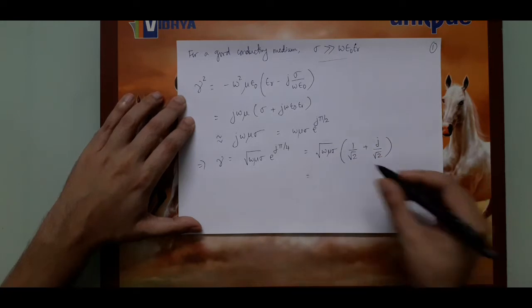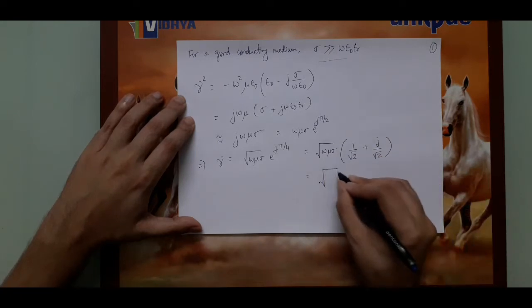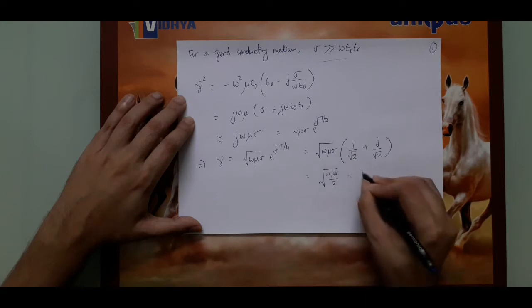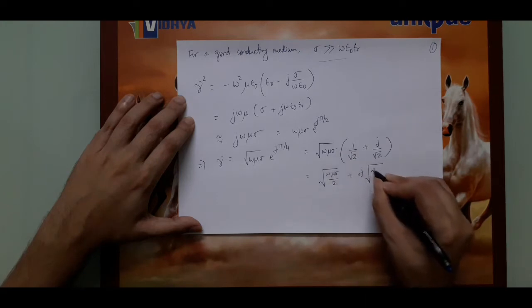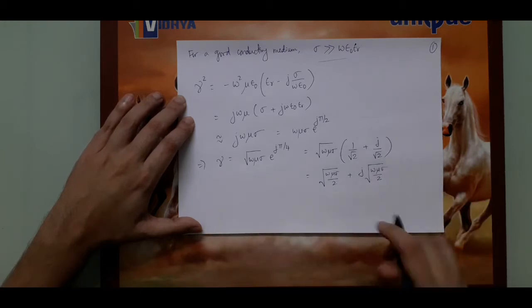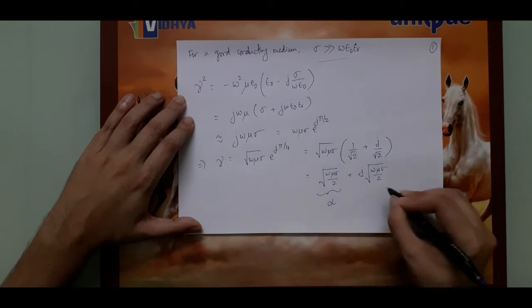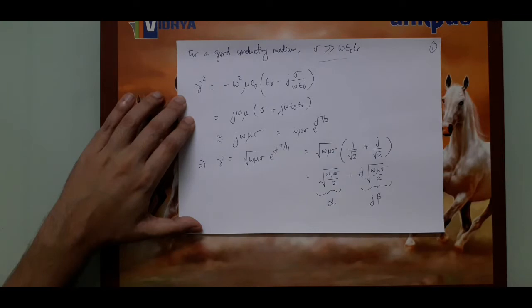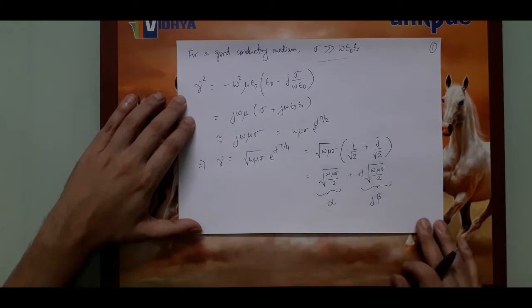If you are opening the bracket, what we will see is, since this is gamma, the real quantity is the alpha and this imaginary quantity is the j beta. So the magnitudes of alpha and beta are pretty much the same.